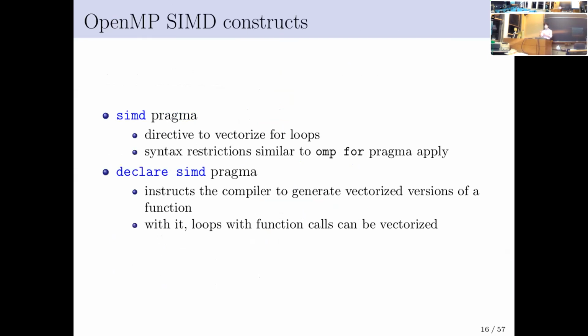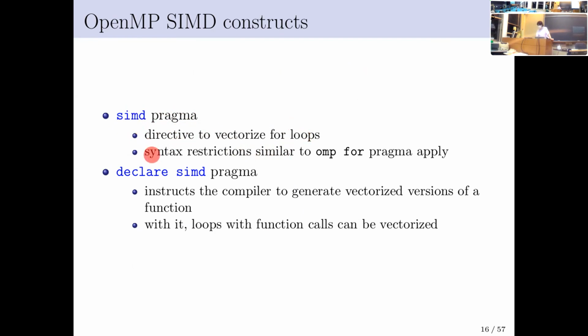Somewhat more explicit is something called SIMD directives in OpenMP. In OpenMP, you have a SIMD pragma, which is a directive instructing the compiler to vectorize the following for loop.